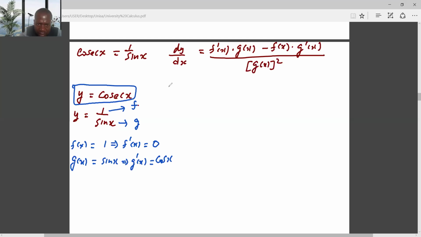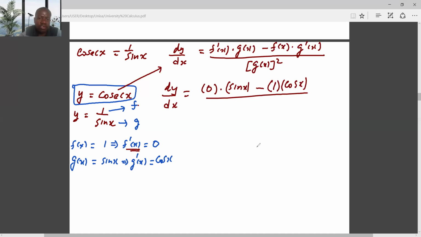Okay, let's now do the derivative. I wanted to prove this. Okay, what is f prime? f prime is 0. There it is. Times g of x, it's sine x. Minus, what is the f? f is 1. g prime x is cos x, over g of x squared. g of x is just sine x, but all squared.